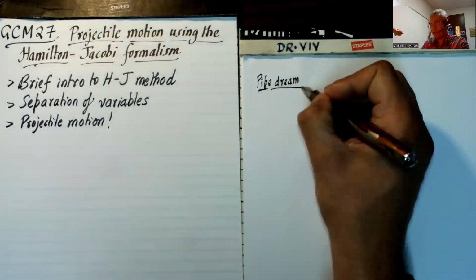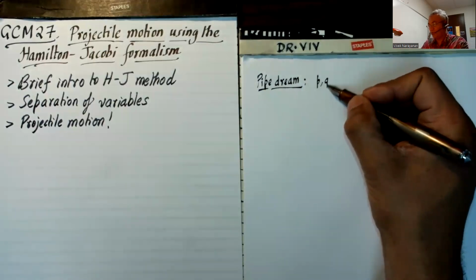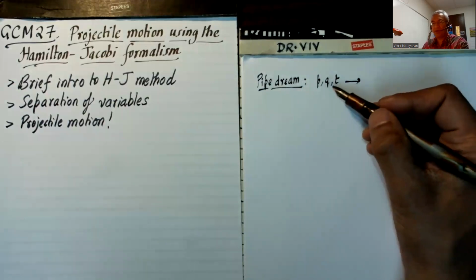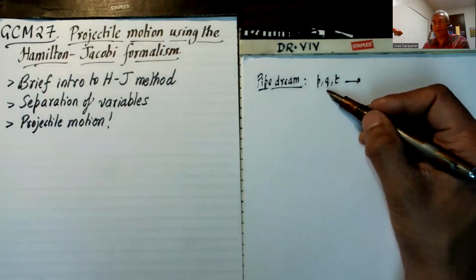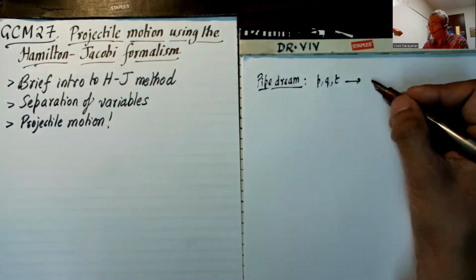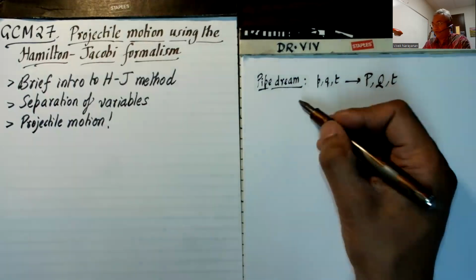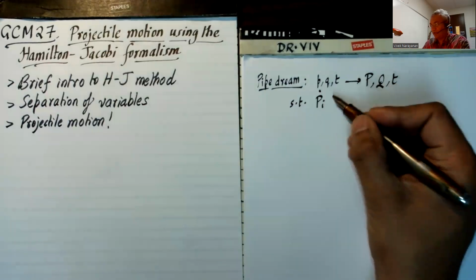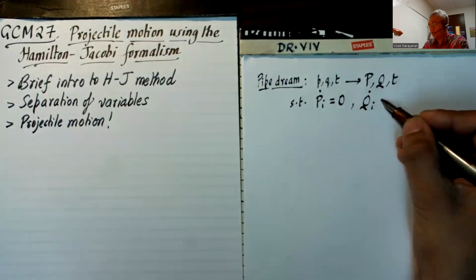The pipe dream consists in going from some old variables p, q, t, where there are n of them called p_i, n of them called q_i, and then time, to some new coordinates, capital P, capital Q, and t, in such a manner that the new coordinates have constant momenta and constant position.